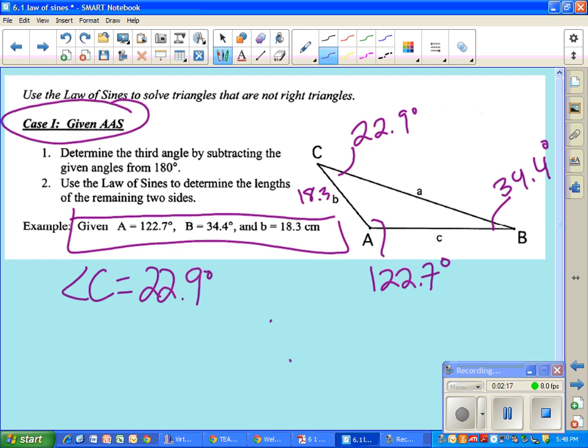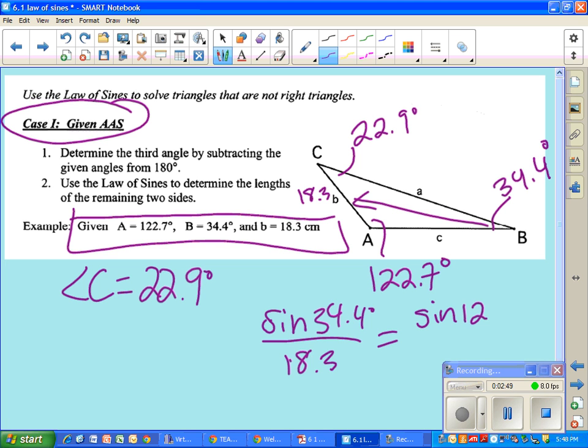All right, so I can set up any proportion, but I have to use sine B, so sine 34.4 degrees over side length b, which is 18.3. I have to use this proportion because this side length was given to me. This is equal to, and now I can find either a or c. It doesn't matter. Let's just find a real quick.